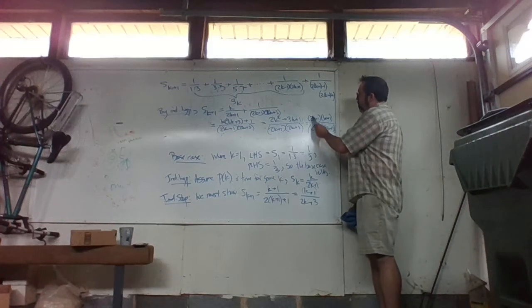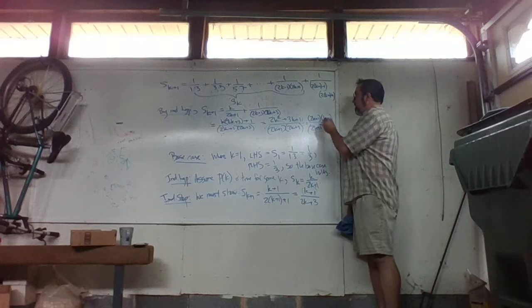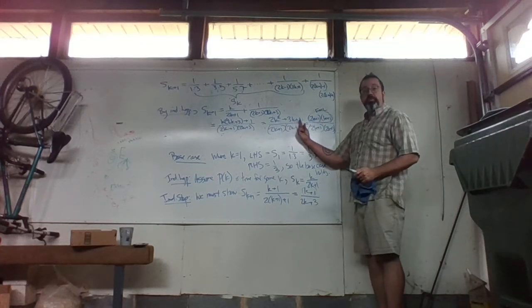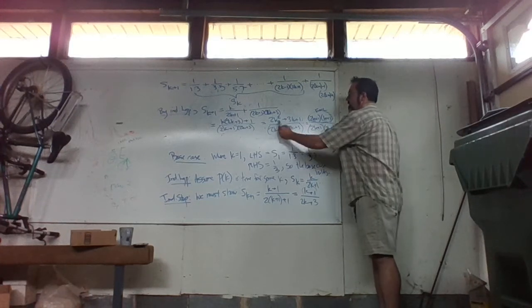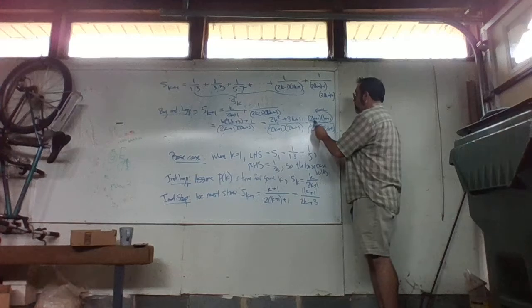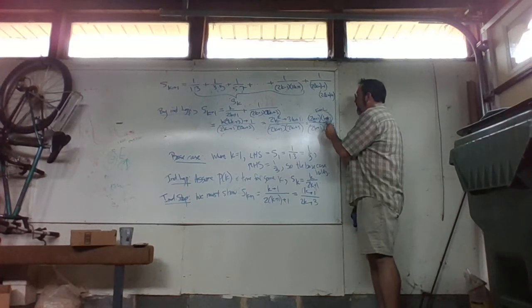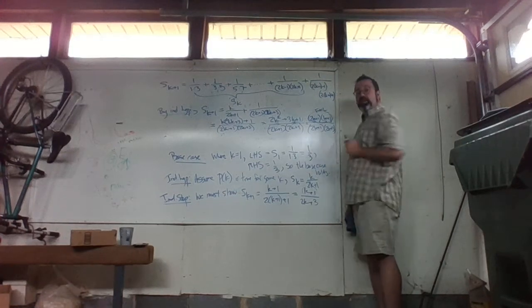Does 2k plus 1 times k plus 1 really multiply out when we FOIL this? Do we FOIL this and get 2k squared plus 3k plus 1? I think we do. Because 2k times k gives us 2k squared. 2k times 1 gives us 2k. 1 times k, doing the inside terms, gives us another k, and all told that gives us 3k.